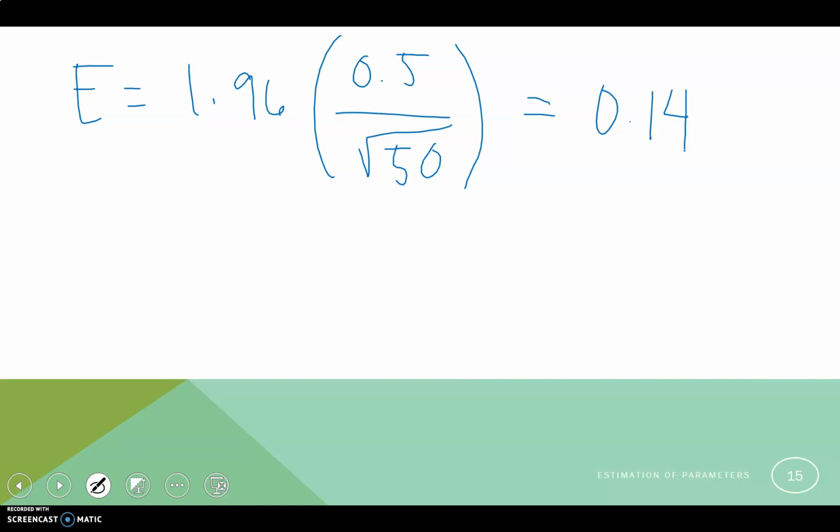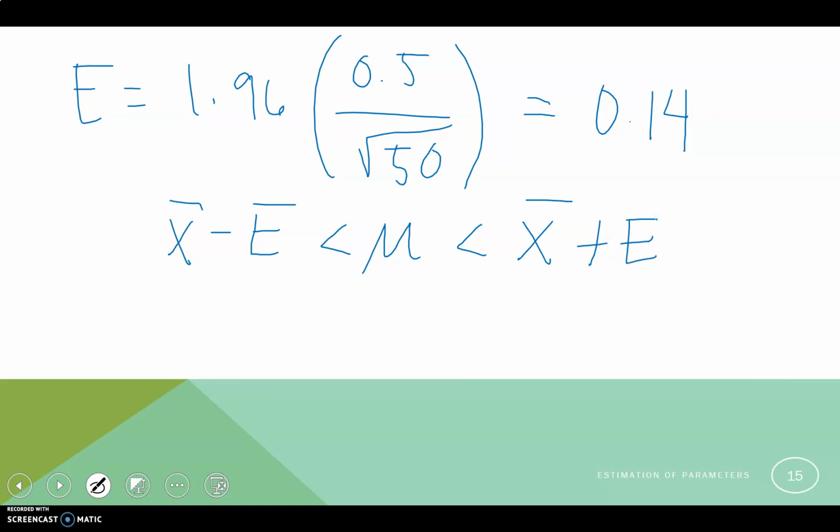So remember that our sample mean is 3. So ato na lang isulat. So we have 3, the sample mean minus the error. We have the sample mean plus the error.